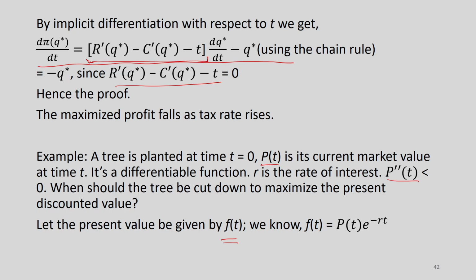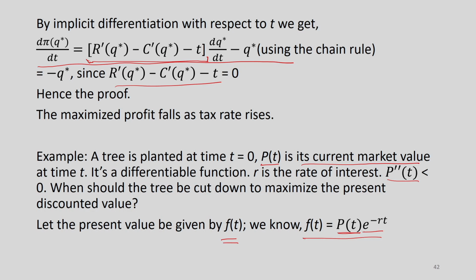Then F(t) should be equal to P(t) multiplied by e to the power minus rt. P(t) is the current market value of the tree at time t, but if we want the present discounted value standing at point 0, it will be P(t) multiplied by e to the power minus rt.